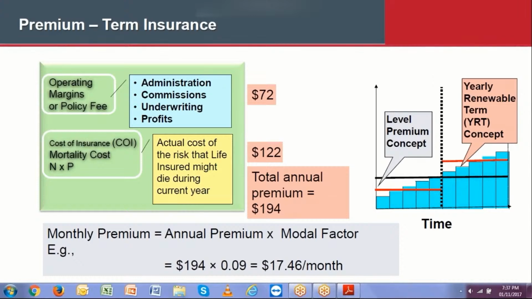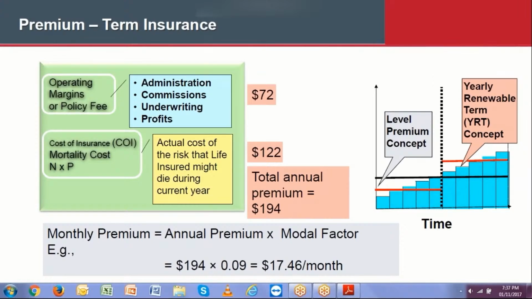In the example here, let's say the annual premium was $194 for, I believe, $100,000 of coverage, but that's not important. The annual premium is $194, and with the modal factor of 0.09, your client will pay $17.46.